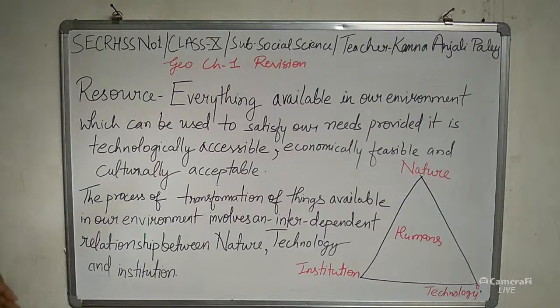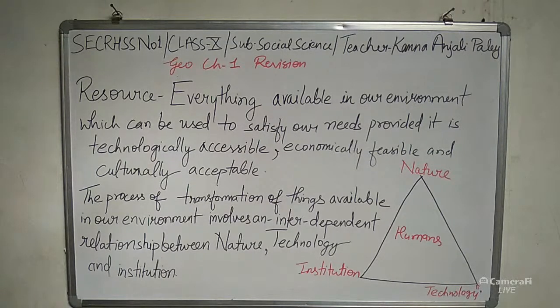And if we don't have this technology, then we cannot generate electricity. So through that example, you can understand that to use our resources or to convert a thing into resources, we need these three things, especially technology and institutions.